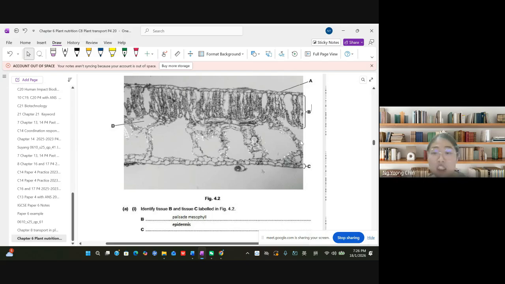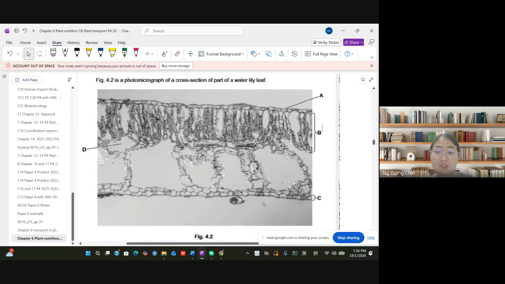Okay, where is the location of the spongy mesophyll cell? They are around here. Just remember that the palisade mesophyll cell is located under the upper epidermis. So you can see here is part of the cell, which is found under the upper epidermis. That's why this belongs to palisade mesophyll cell. Then the spongy mesophyll cell is usually closely associated with the airspace.